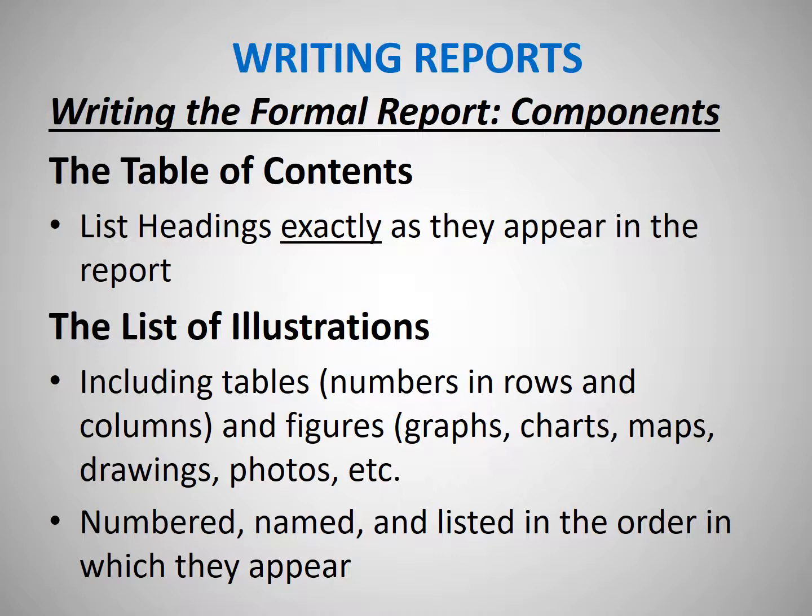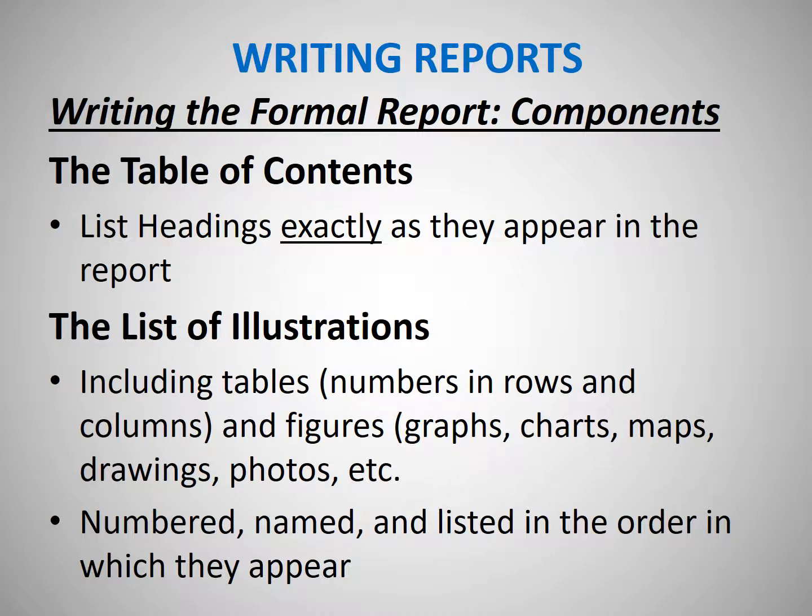First of all, your table of contents. Your table of contents is a list of the parts of the report, in exactly the order that they appear in the report, with the headings written exactly as they appear in the report. So your table of contents is nothing more than a listing of your headings with the page number on which that heading appears. Okay, that's your table of contents.